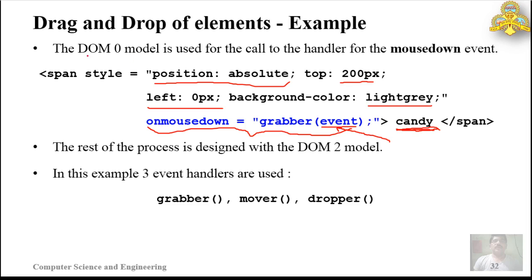What I am specifying here is assigning the JavaScript event handler name to the event attribute of the element. So for the span style I am specifying the onmousedown event, the grabber event. Two more are there, that is mover and dropper.